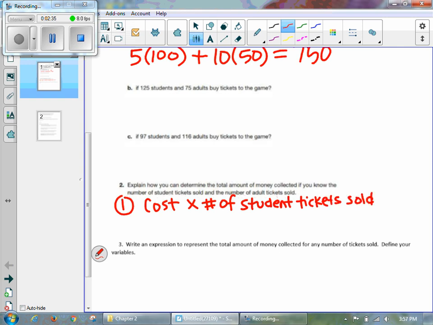The second step is almost the same as the first. We would take the cost of the adult ticket and multiply by the number of adult tickets sold. And then you can add the profits together from the student tickets and the adult tickets. And that would give you the total profits that you made.